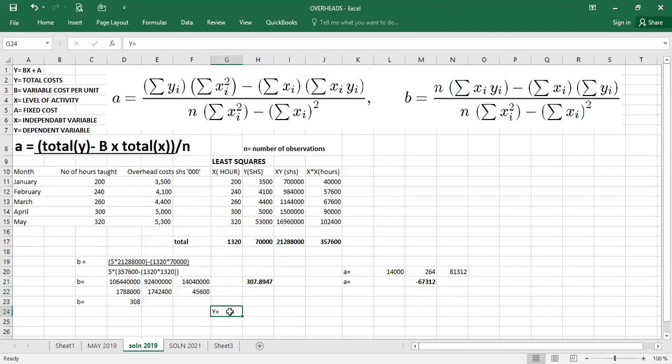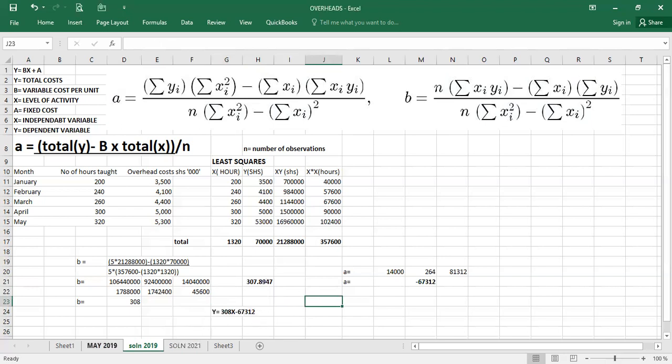It is equal to 308 X. Then since this one is a negative, you are going to be subtracting the 67312. And this becomes our equation of the line.